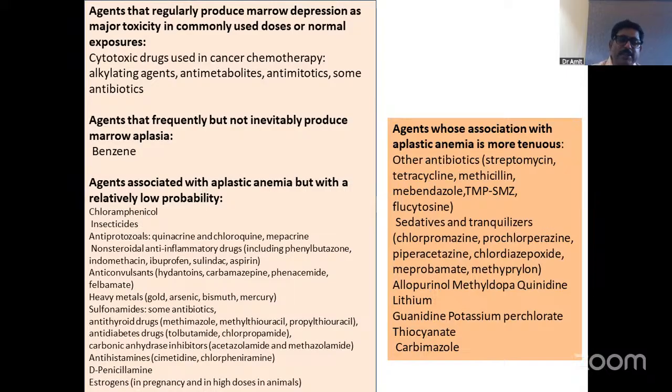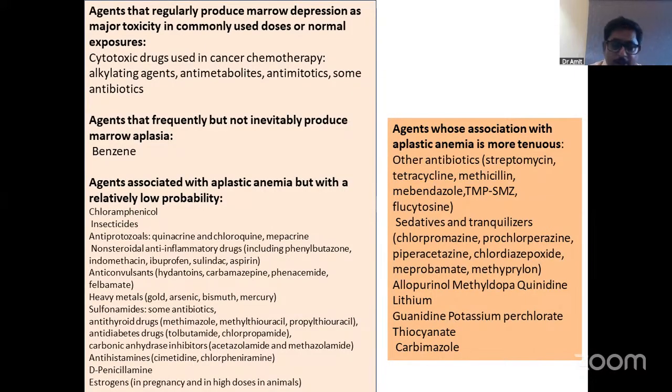As already discussed, benzene is one agent which is frequently but not inevitably linked with bone marrow aplasia. And the major agents which we discuss in our clinical teaching are those associated with aplastic anemia but with a relatively low probability.